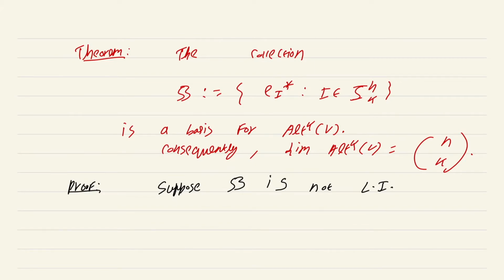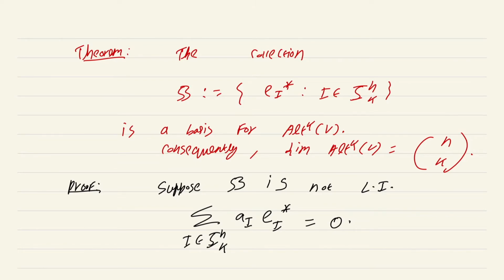Suppose this collection is not linearly independent. Then we can find a linear relation amongst the vectors. You sum up over all elements I in I and k. You get coefficients ai star is 0. Right? That's what a linear relation is.